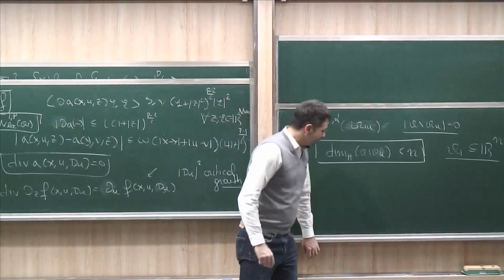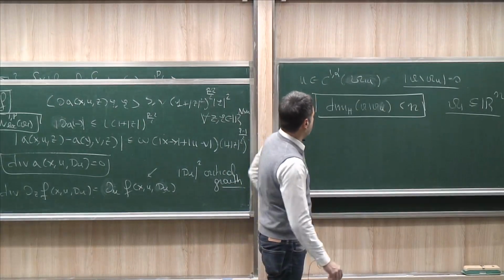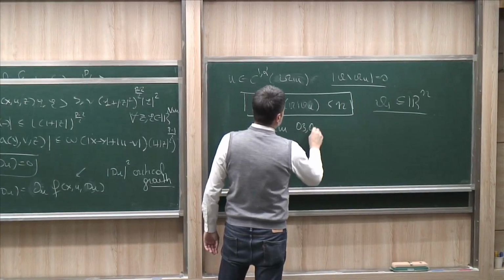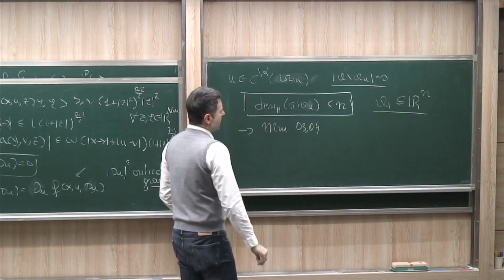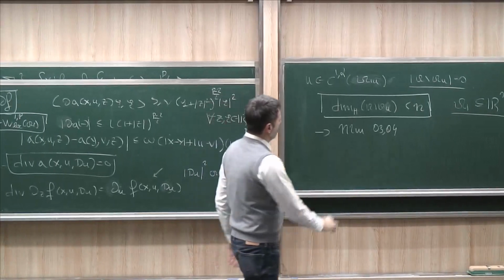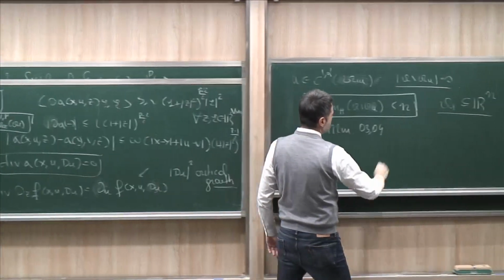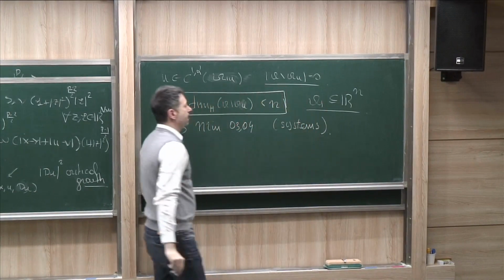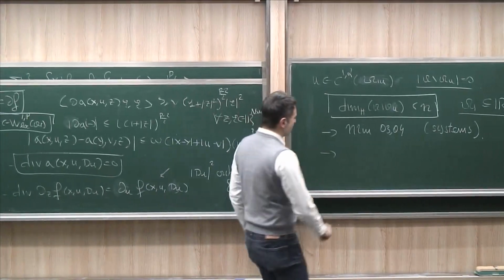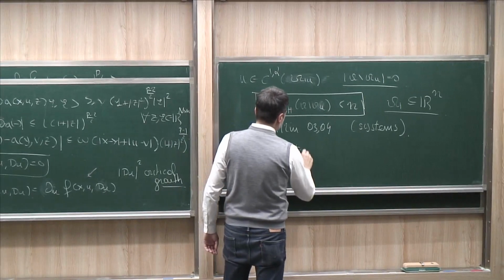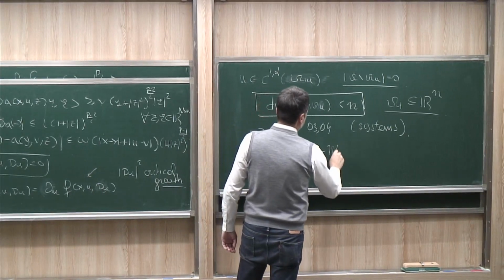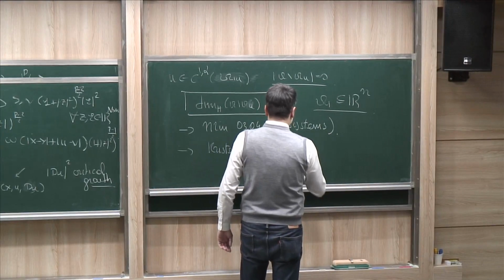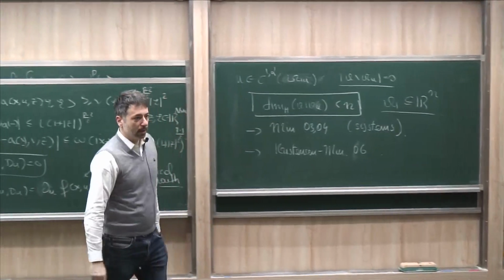A rather satisfying solution to this problem occurred for systems in two papers of mine, '03 and '04. I think one is in ARMA and one is in Calc. Var. And for functionals, which is the most delicate case, it is by Christensen and myself in a paper in ARMA '06.